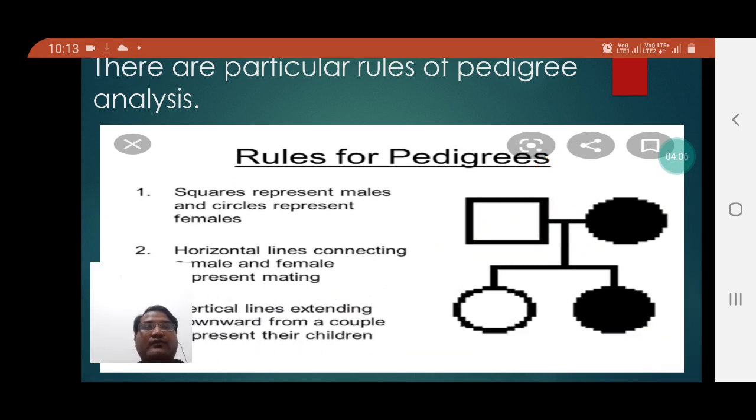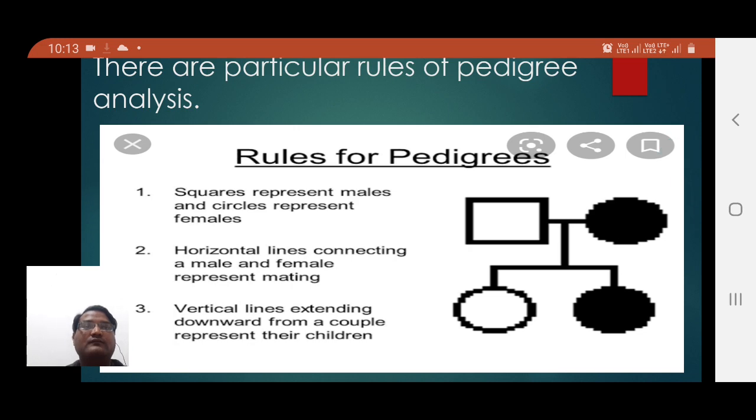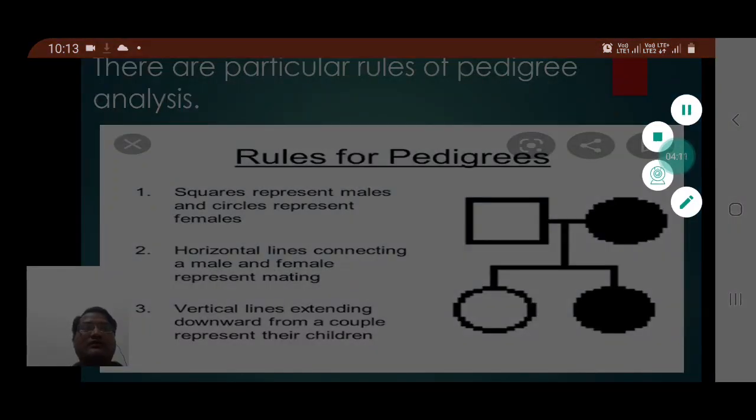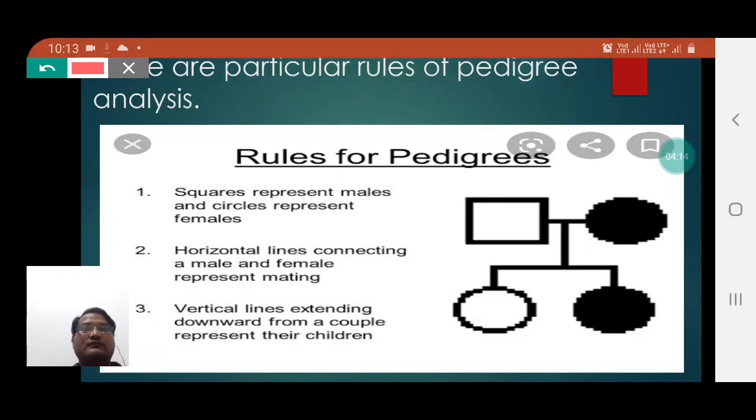Now students, if you notice here, the third rule of pedigree analysis is about the vertical lines. The vertical line extending downwards from a couple represents their children.